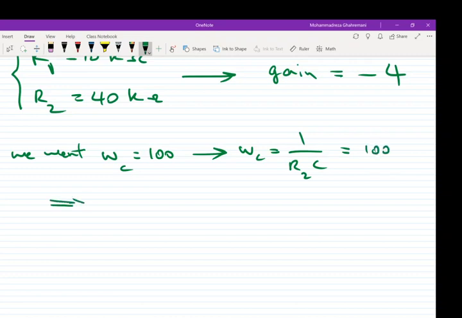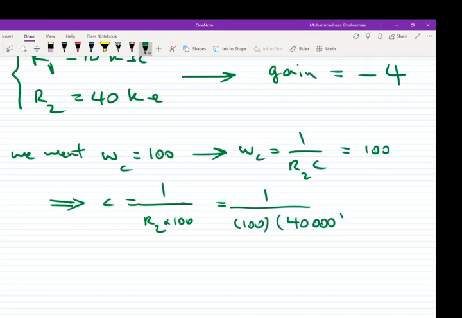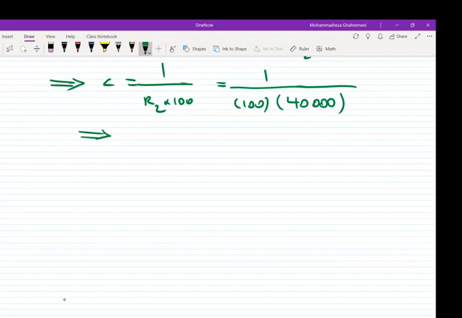As a result, the capacitor C should be equal to 1 over R2 times 100, or 1 over 100 times 40k. If we calculate this value, C will be equal to 0.25 microfarad. Okay, so we designed our own filter.